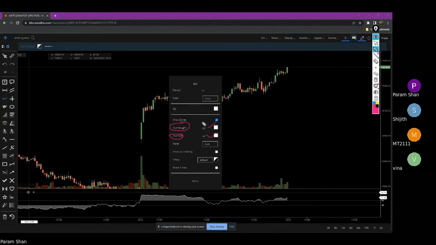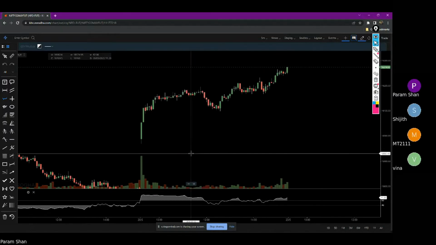I'm going to consider 60 as a bullishness and below 40 as a bearishness. Clear? Maybe so far you might have had your RSI with 80-20, but try to change the RSI to 60-40. Definitely you will see a very big difference. And the period, I'm going to keep it as a standard 14. There is no change because we are talking about intraday.